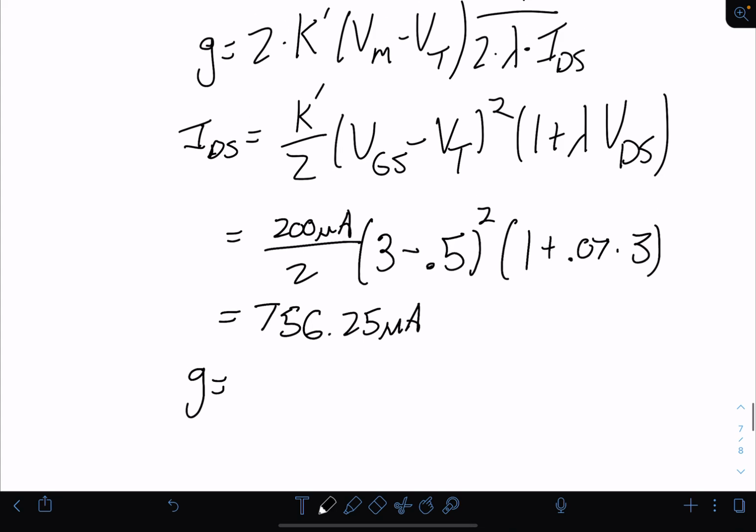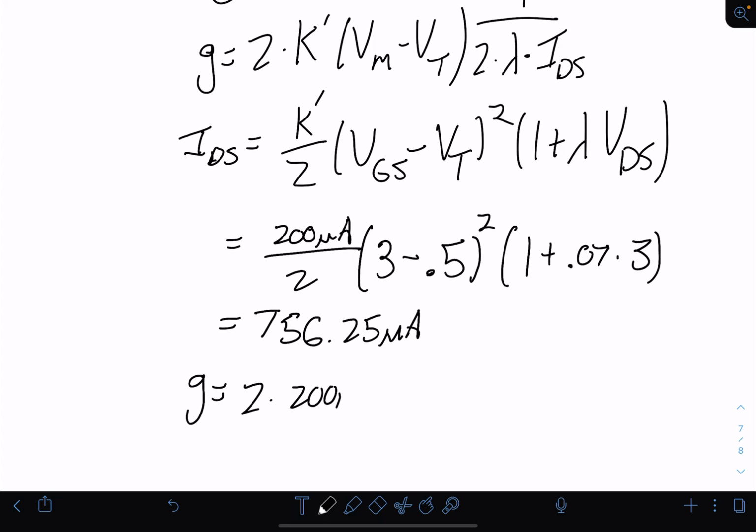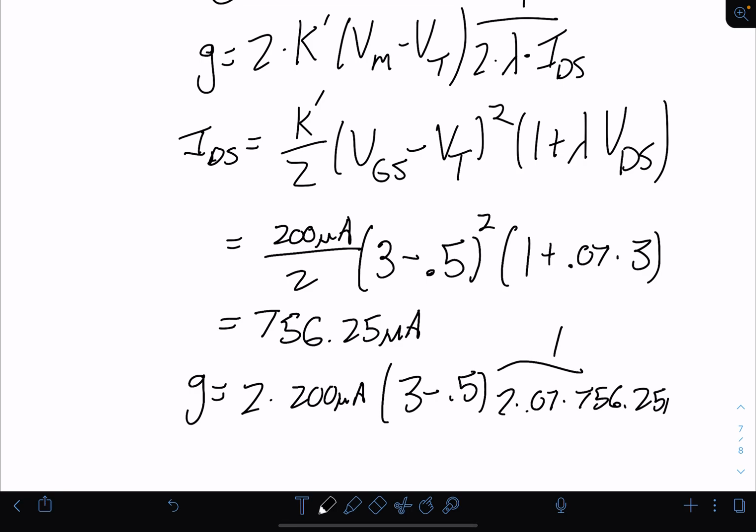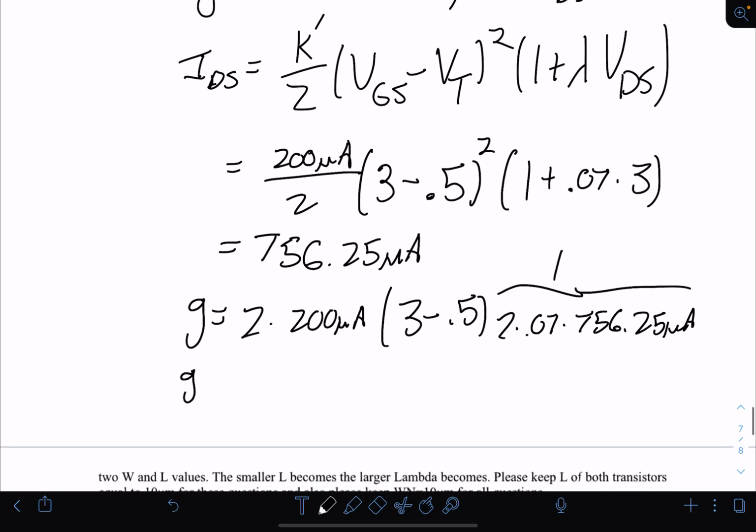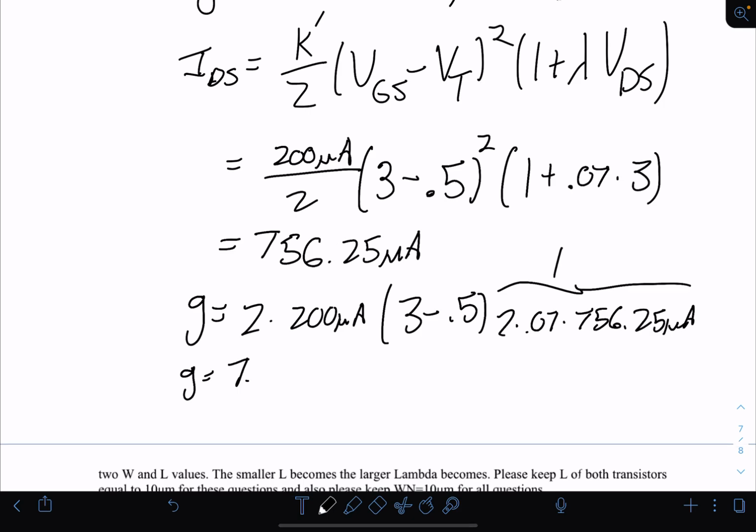So now we can go back to the equation for G: 2 times 200 micro times VM, which is 3, minus Vt, which is 0.5, all over 1 times 2 times 0.07 times our new term, 6.25 micro. And we get G equal to 9.445.